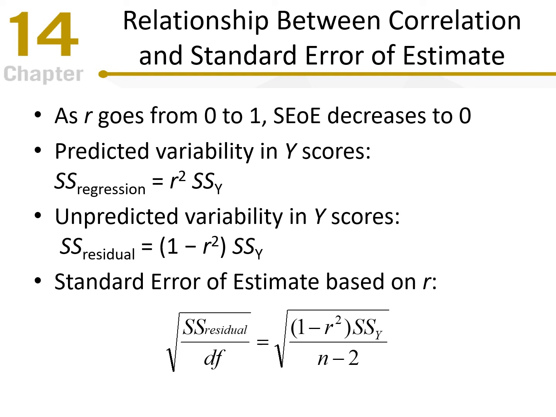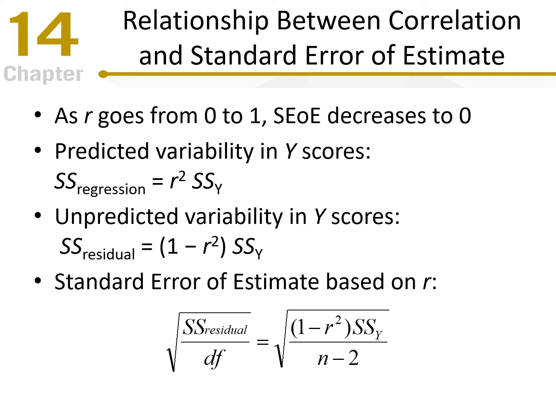So as R gets bigger, closer to 1 or negative 1, the standard error of the estimate goes down. We can also use the correlation to find the sum of squares of the regression and the sum of squares of the residual. So R squared times the sum of squares of Y gives me the sum of squares of regression.